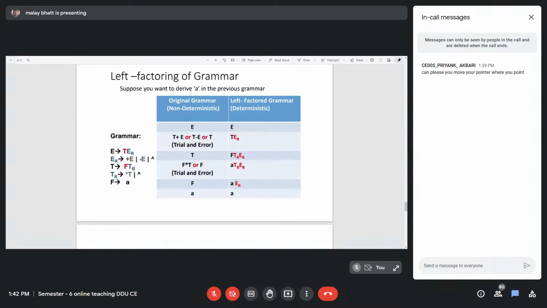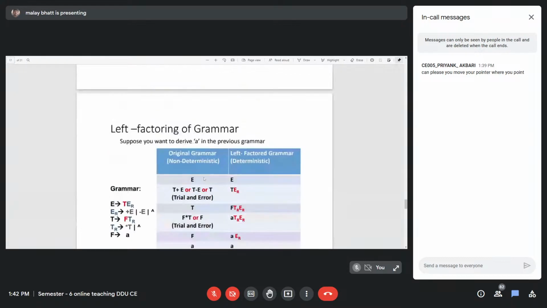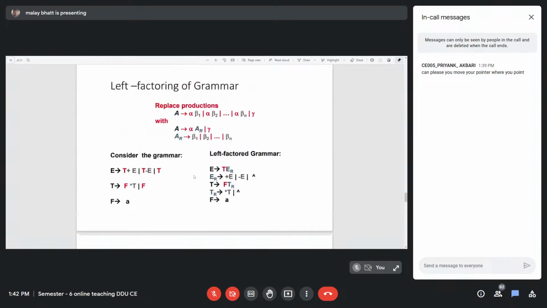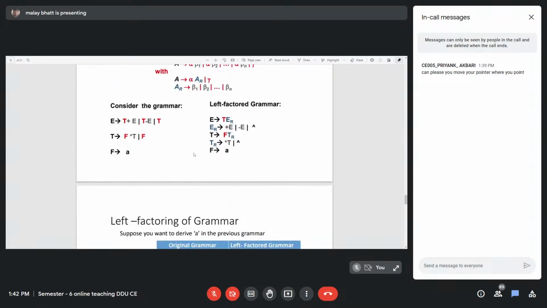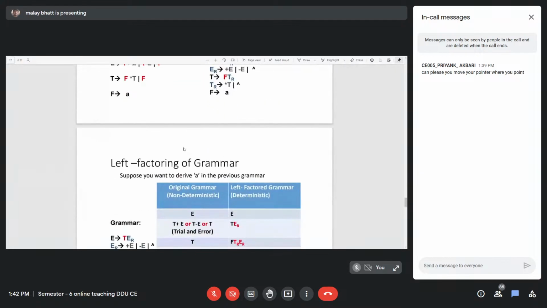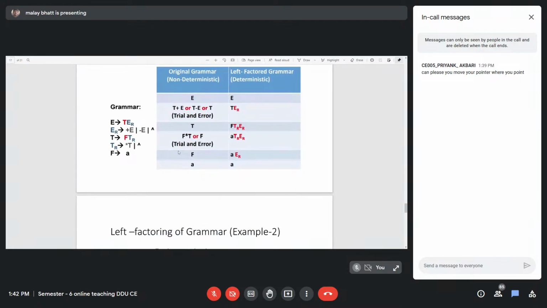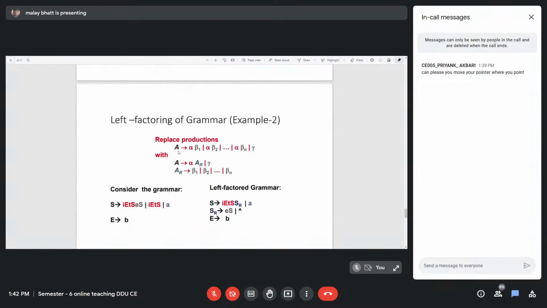T gives F, and that F will give us A. So you can see, as compared to original grammar, this left factored grammar adds determinism in the derivation process. So what is the advantage? That we can use this left factored grammar in the compilation process, which is not facing any problem of non-determinism.